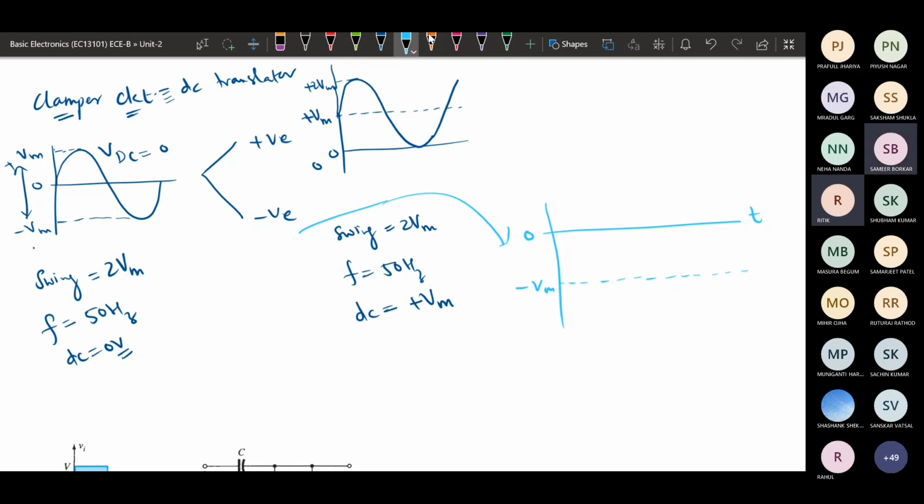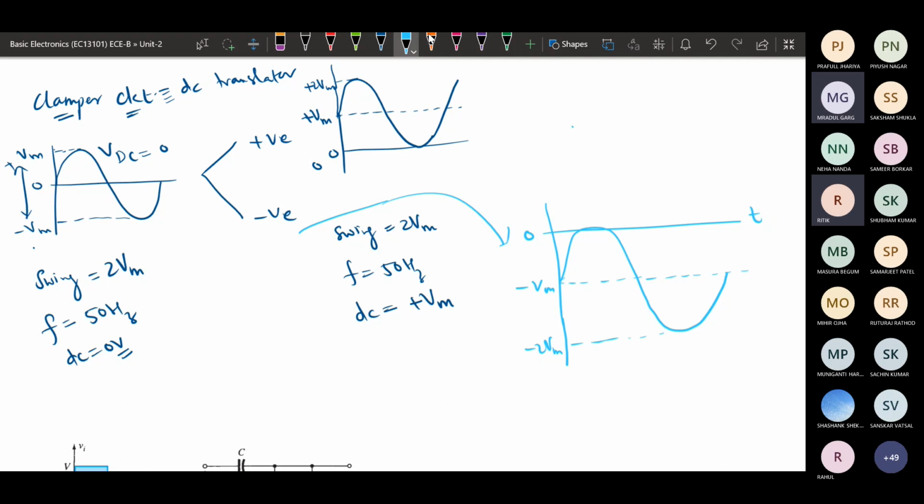That means a DC voltage of minus Vm has been included, so this waveform will be shifted like this. The minimum value in this case is minus 2 Vm, and the maximum value is 0.